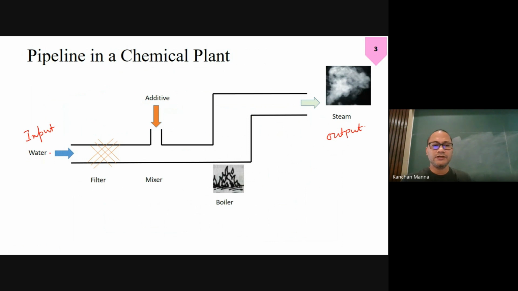Water is flowing through this pipe, and first we clean that water using this filter. In the next stage, we add some additive to the water, the mixture stage. Then we heat up the mixed water, and it comes out as steam as the output.